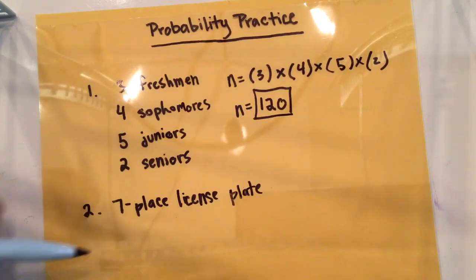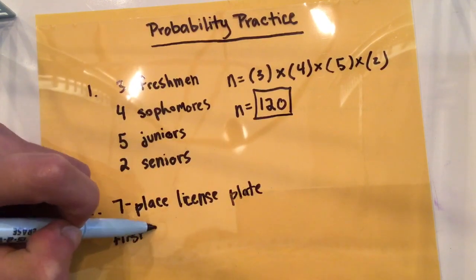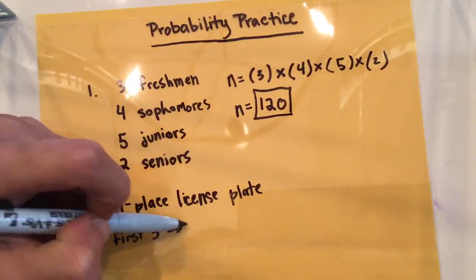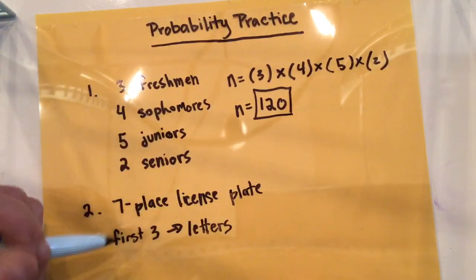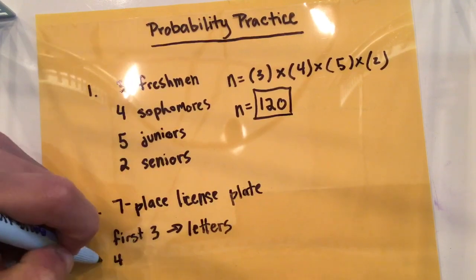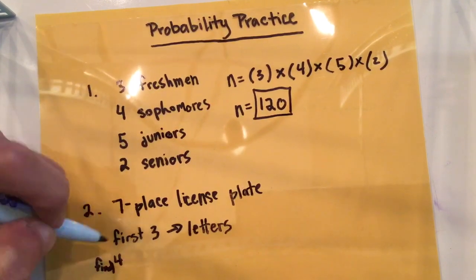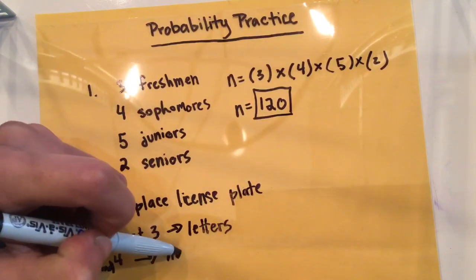It tells us that the first 3 are letters, and that the final 4 are numbers.